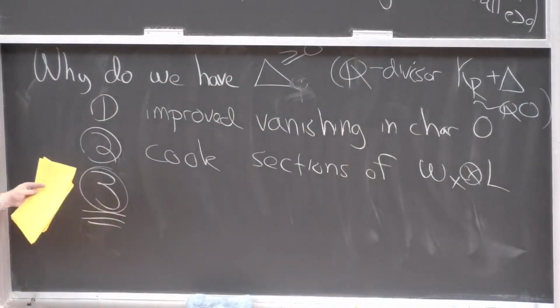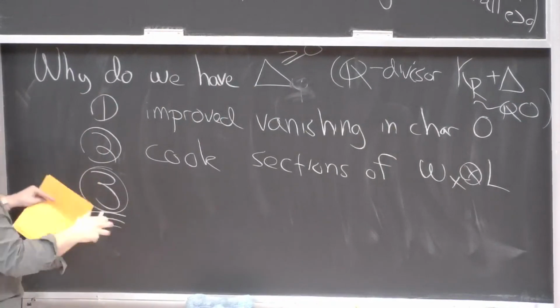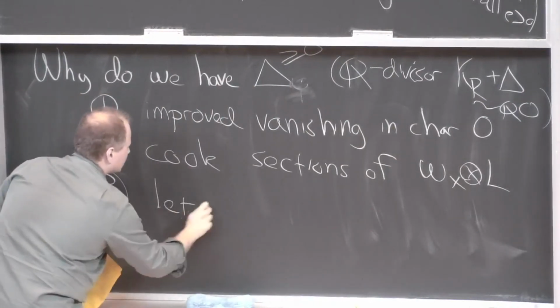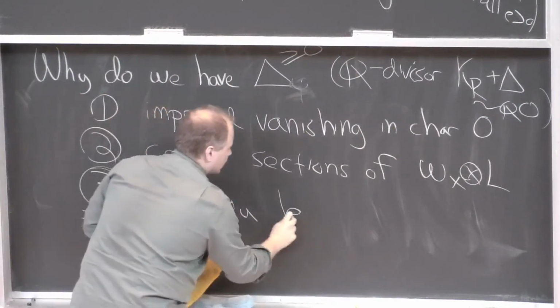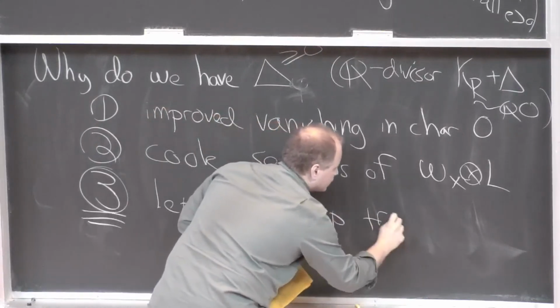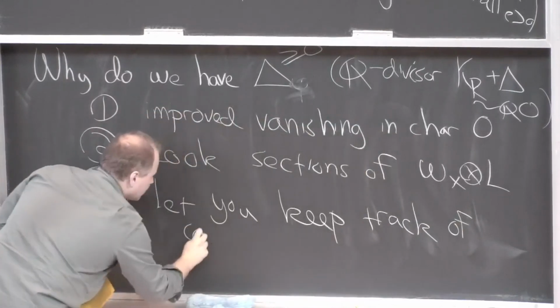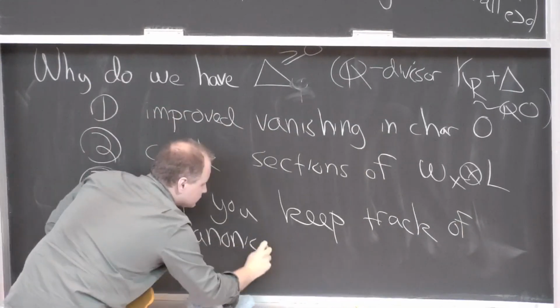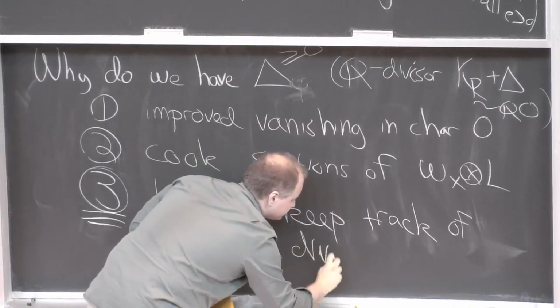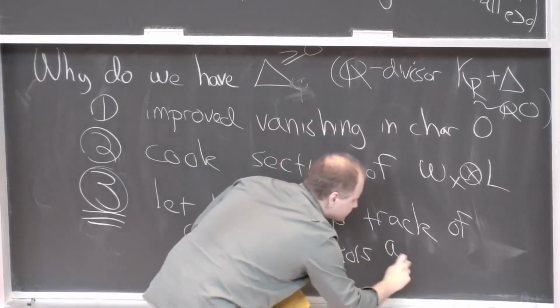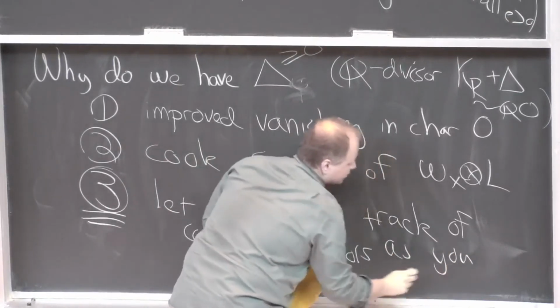And what's the number 3 here? Well, the number 3 is they basically let you keep track of canonical divisors as you change variety.